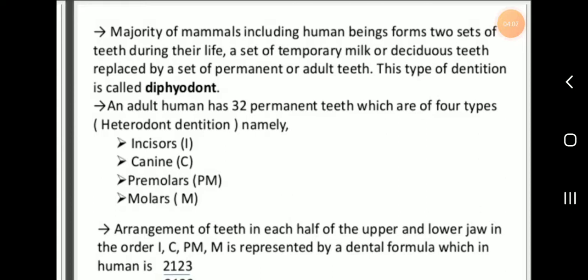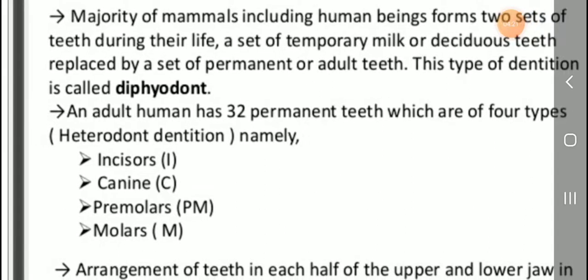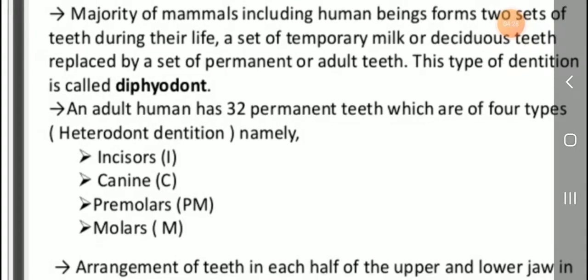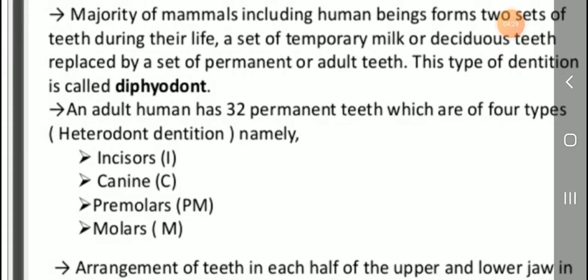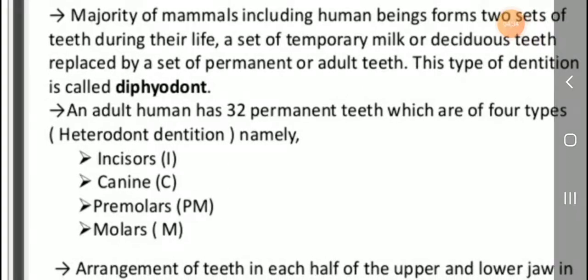The majority of mammals, including human beings, form two sets of teeth during their life. A set of temporary milk or deciduous teeth is replaced by a set of permanent or adult teeth. This type of dentition is called diphyodont.